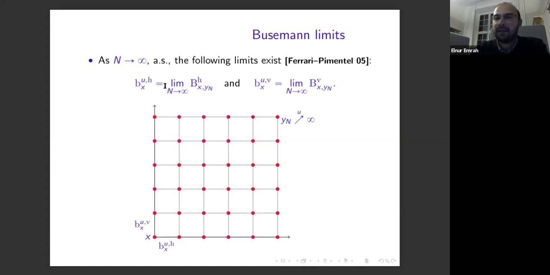And then it's known, due to a result by Ferrari and Pimentel, that these last passage increments converge. And we can call the limits Busemann limits. These are important in the study of geodesics in this model.